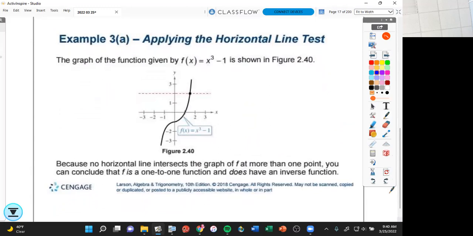This graph goes down forever on this side and up forever over here, so a horizontal line is always going to touch it once. No horizontal line intersects the graph of f at more than one point. You can conclude that f is one-to-one, and because it's one-to-one, does it have an inverse? Yes.